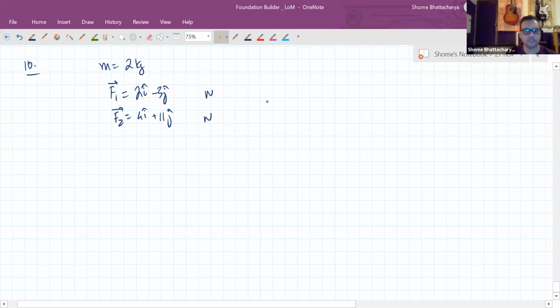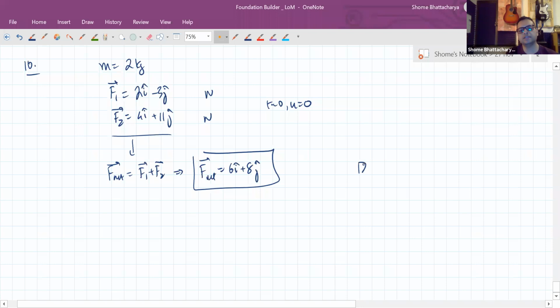Initially the object is at rest, and you have to find acceleration, velocity, all these things. Where is the object after 3 seconds? All that. So what you do is you calculate the net force. You can see that the net force is 6 i cap plus 8 j cap.